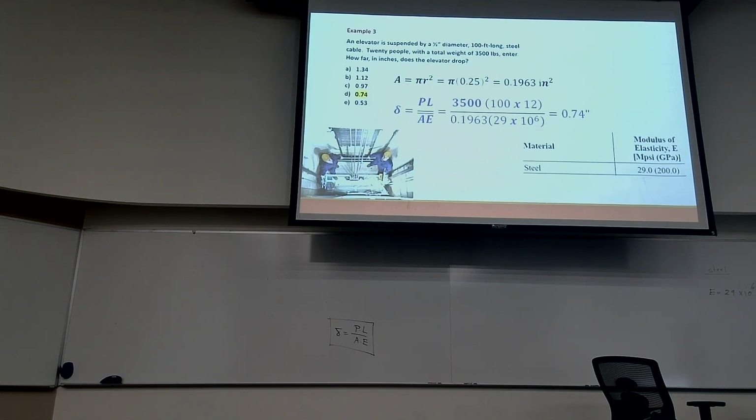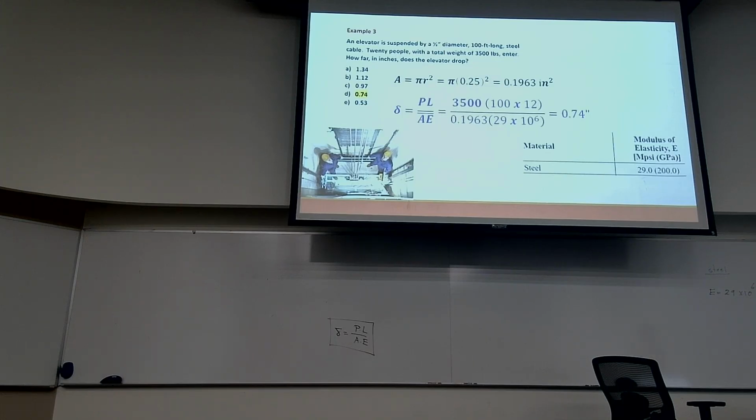Area is pi r squared for a circular rod cable, and the radius is obviously half of the diameter, so it's going to be a quarter of an inch. Force is 3,500 pounds. The length of the cable was 100 feet, which must be converted to inches, so we multiply by 12.